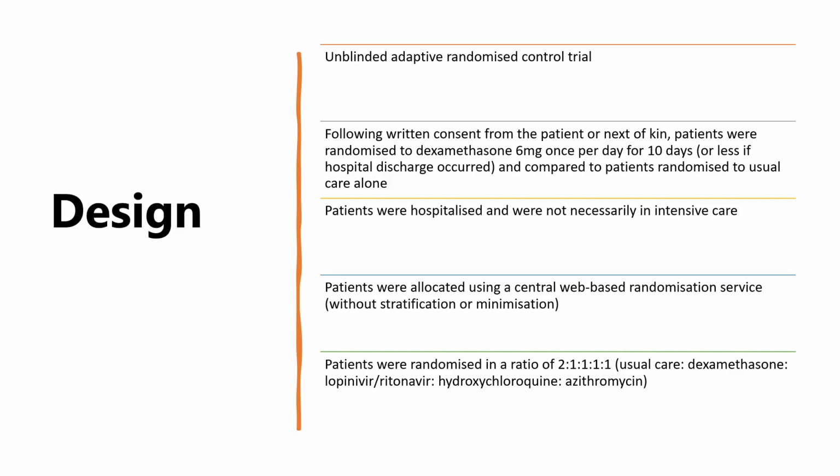Patients were hospitalized and not necessarily in intensive care, and were allocated using a central web-based randomization service, in a ratio of 2:1:1:1, that is usual care, and dexamethasone, lopinavir-ritonavir, or hydroxychloroquine and azithromycin, respectively. There was no blinding in this study, and analysis was by intention to treat. The Independent Data Monitoring Committee reviewed unblinded study data at intervals of around 2 weeks.